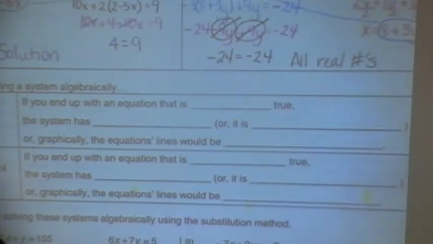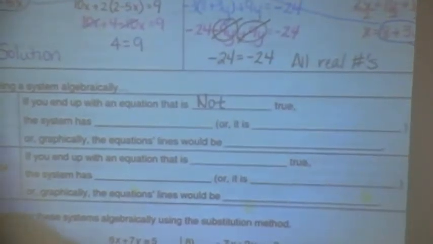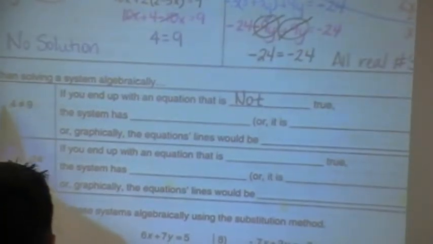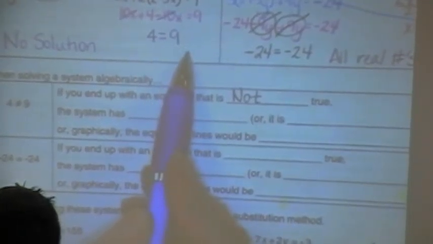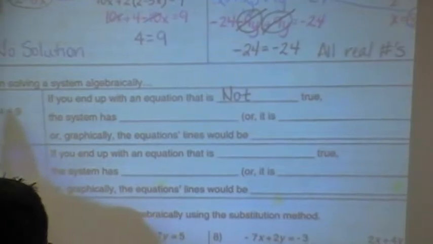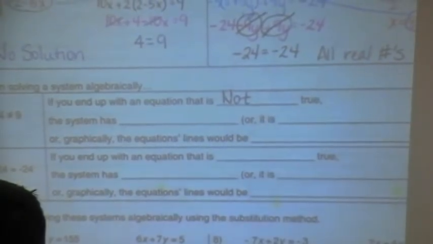Okay, so if you end up with an equation that is not true, like we ended up here with 4, that symbol means doesn't equal. When we did it, we had 4 equals 9, but 4 doesn't equal 9. So 4 does not equal 9. That means this is not a true statement.